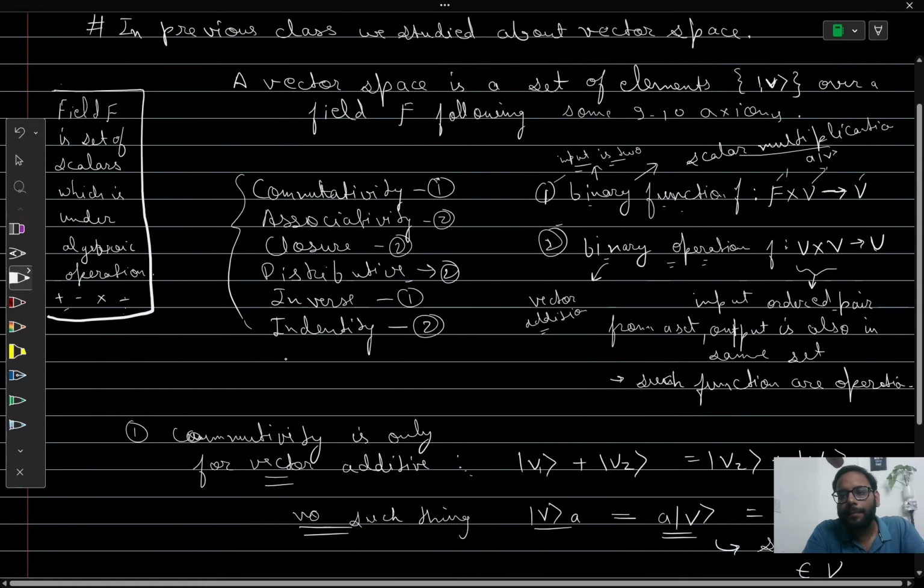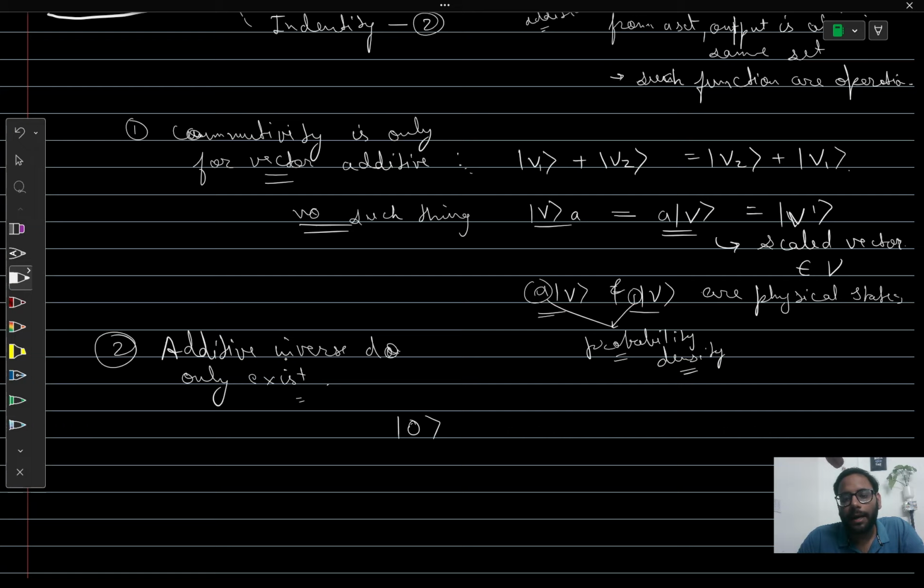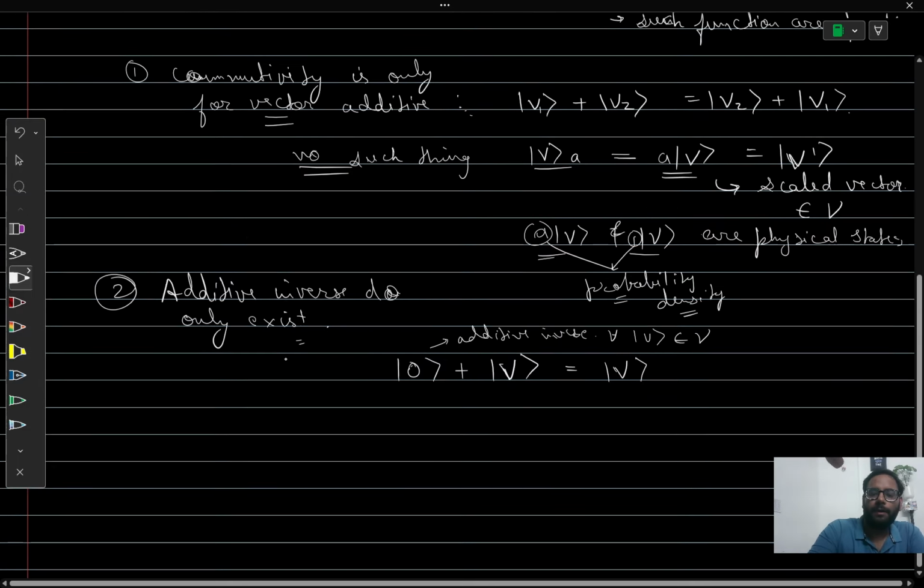So this is taken to be the additive inverse, and when you add it to any vector, it will give you the same vector. So this is my additive inverse, for all v belonging to the vector space.